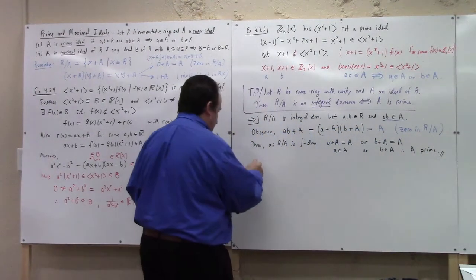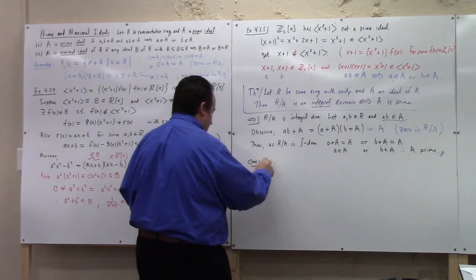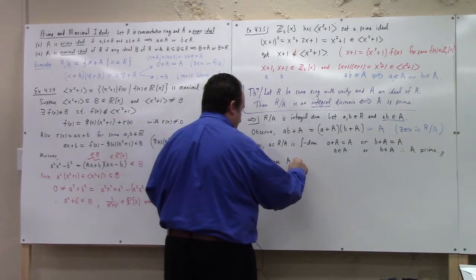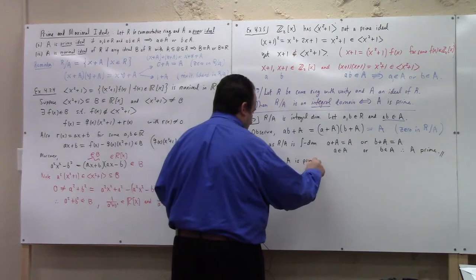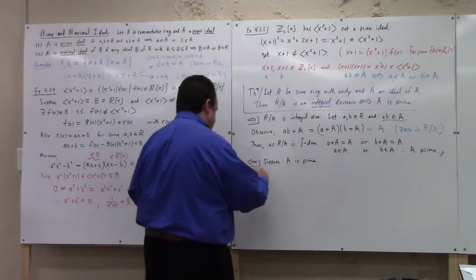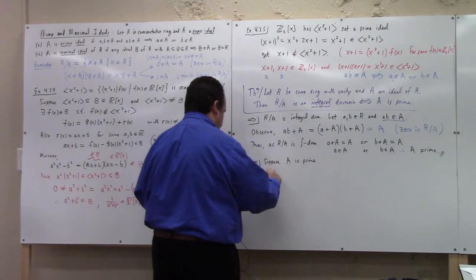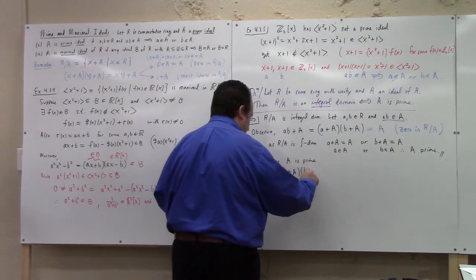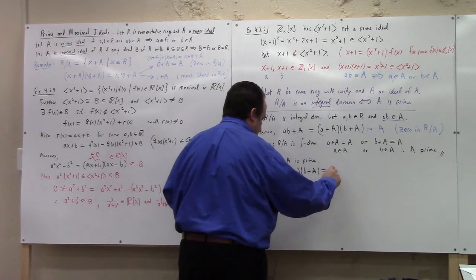We've got to go the other way. Suppose A is prime. Consider (a + A)(b + A) equal to A again.